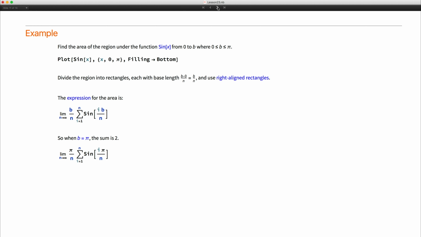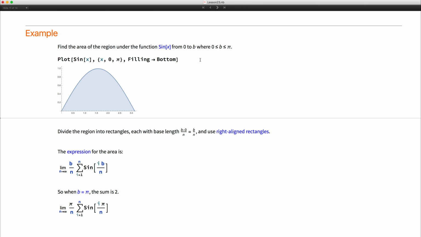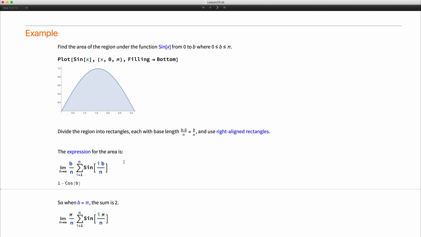Okay, so now it's time to work out an example. Let's try and work out the area of sine x from 0 to b, where the number b lies between 0 and pi. So here's a plot. Now we break up the interval into n subintervals, work with, let's say, right-aligned rectangles, and you get the answer for the area as 1 minus cosine b.